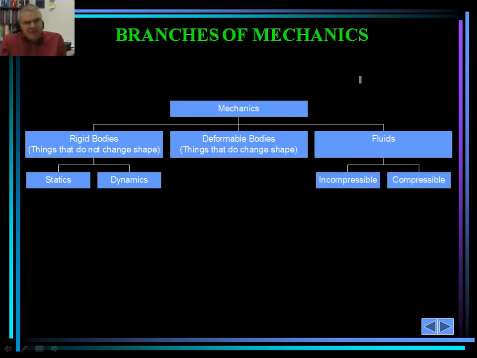So, different branches of mechanics. Again, rigid bodies are things that do not change shape. They divide into two categories, statics and dynamics. Also deformable bodies. These bodies change their shape when we apply force to them. Also fluids, which deal with incompressible and compressible fluids, fall under the category of fluid mechanics.